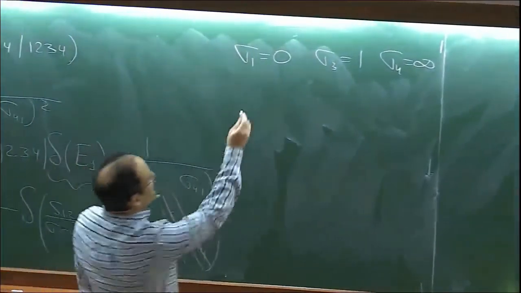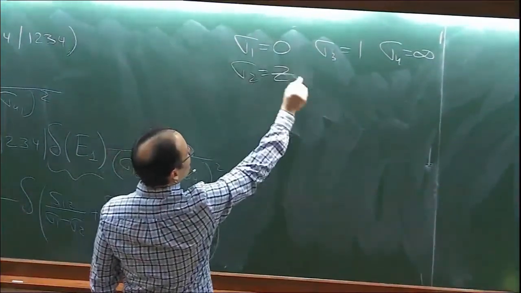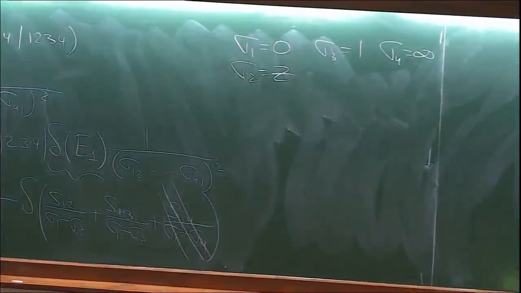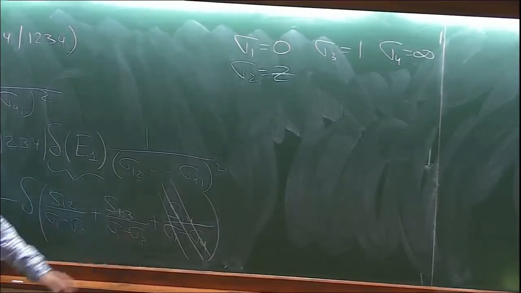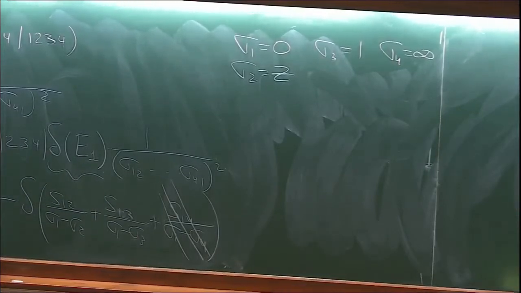So these scattering equations become S12, sigma 1 is 0, so we just get, also let me introduce z so that it looks nicer. So we will look more professional doing the calculation. So this would be minus z plus S13 divided by, now we get 0, and this is 1, so we get minus 1 in the denominator, and those are the scattering equations.